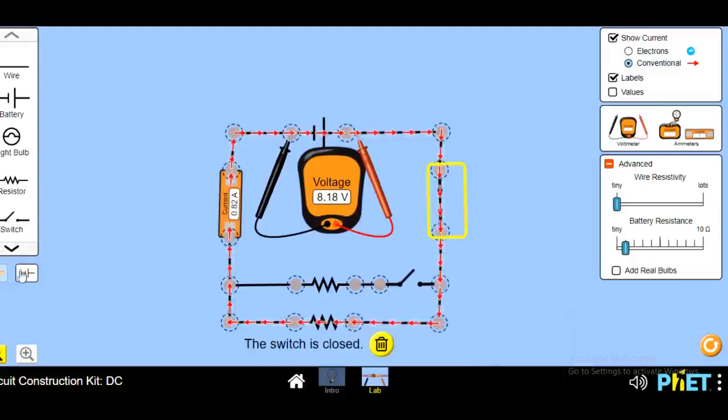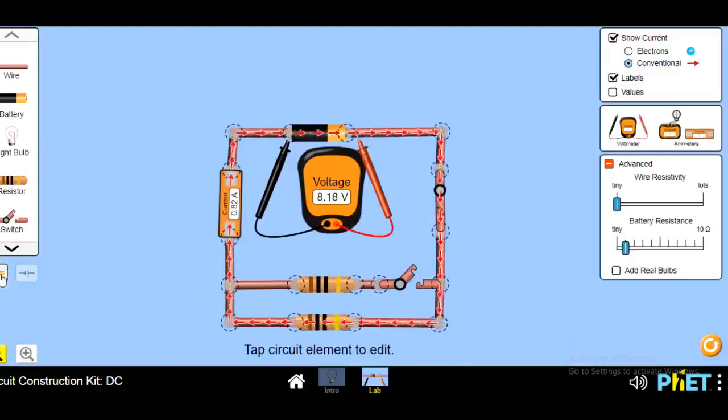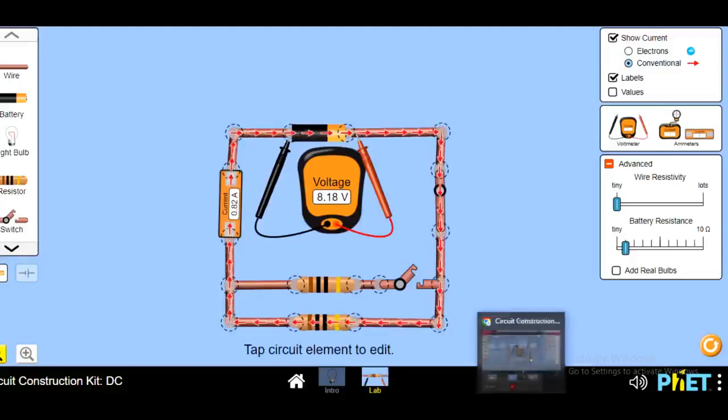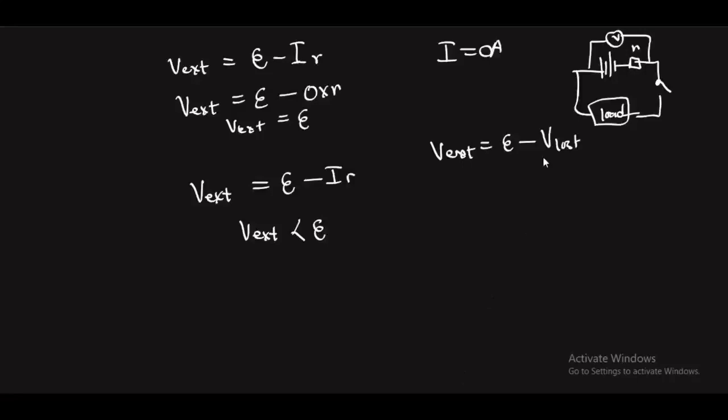So V external went from 9 volts down, and we can actually work out how many volts were lost.